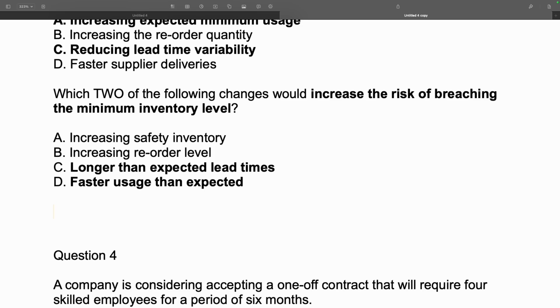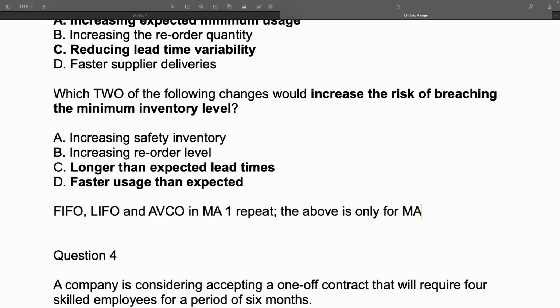So those ideas are more for MA2, so you should remember this one.